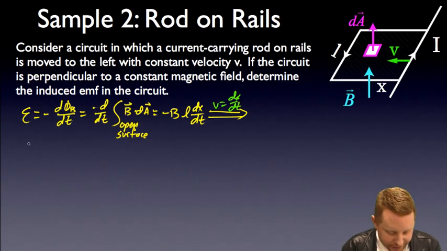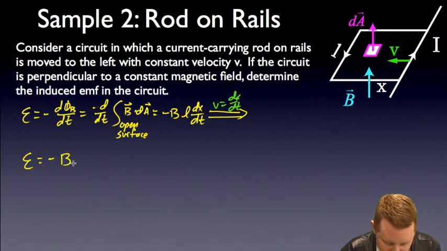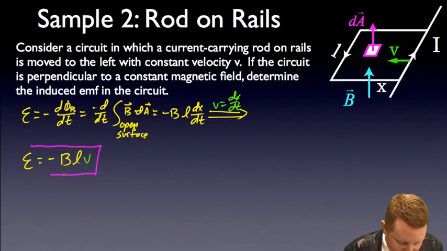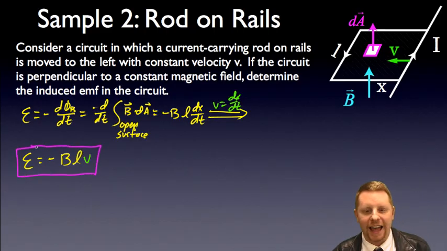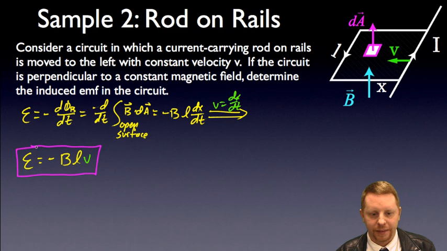So I could write this then as the induced EMF equals minus B L times the velocity, v. And you might have learned that equation previously in an algebra-based physics course. The induced EMF due to a rod moving to the left here in a constant magnetic field through the area of that rectangular loop.